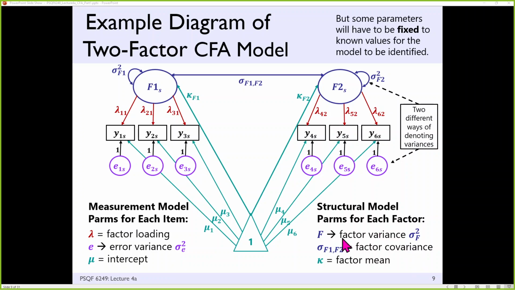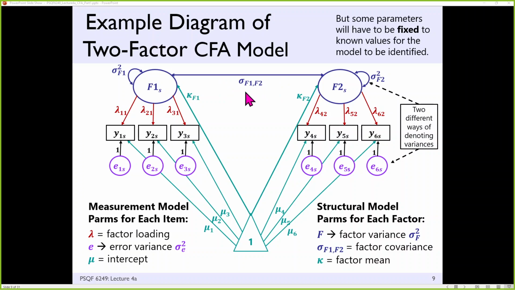Yeah. So factor things then. Likewise, F2 is the score for one person, and then it has a variance that's estimated as a model parameter. What's this line down here, or up here? Where my mouse is? What's this convey? Correlation between factors.